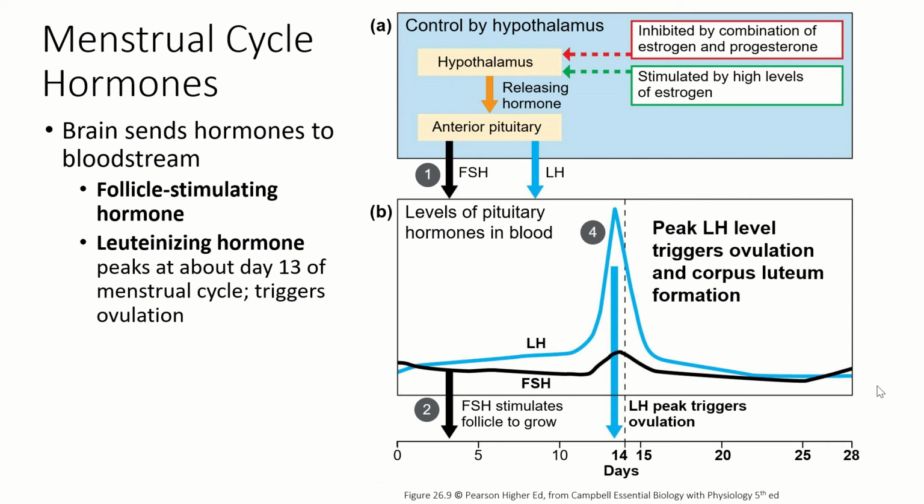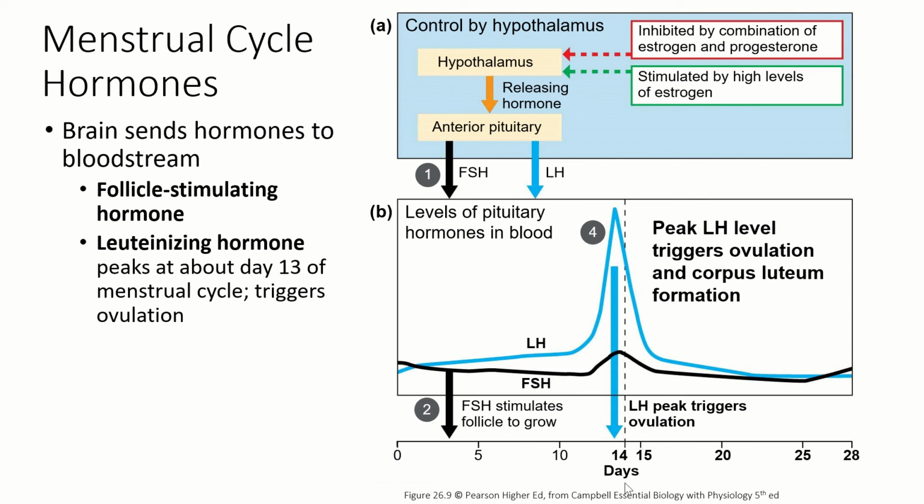Now, I know that there are women who have 28-day cycles. That's lovely for them. Most women don't. 28 is the average cycle of a human female. Menstruation starts on day 0, lasts on average 3 to 7 days, 5 on average.